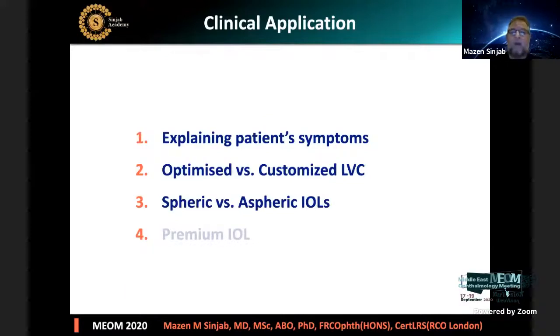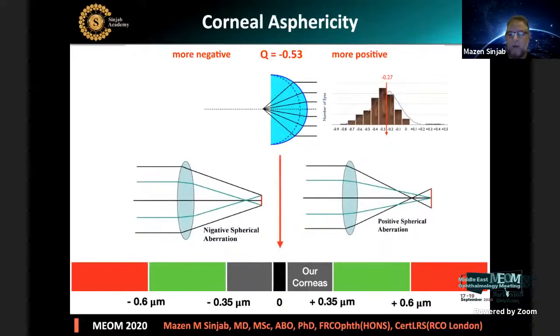In addition, we can select between spheric and aspheric IOLs because in case of high order aberrations, it's better not to implant a negative or positive aspheric, it's better to avoid changing the spherical aberrations. So in this case, we can select an aspheric zero spherical aberration IOL, because our corneas are inducing high order aberrations or spherical aberrations between 0 and plus 0.35.